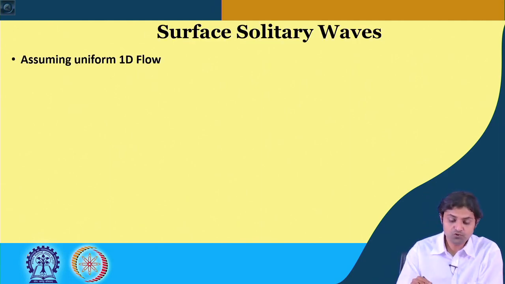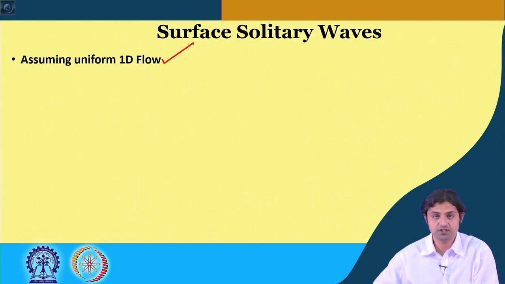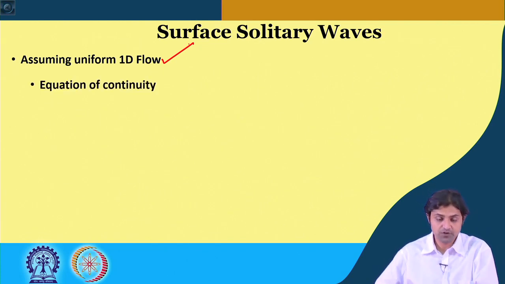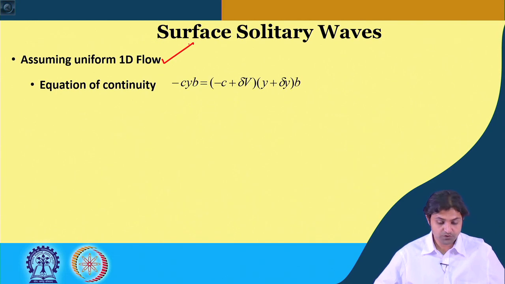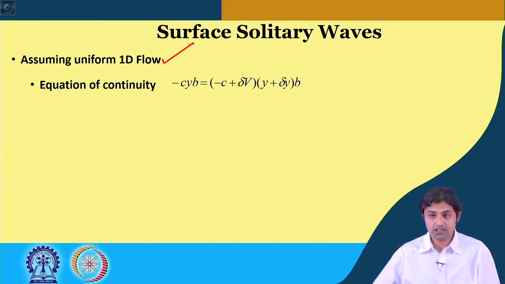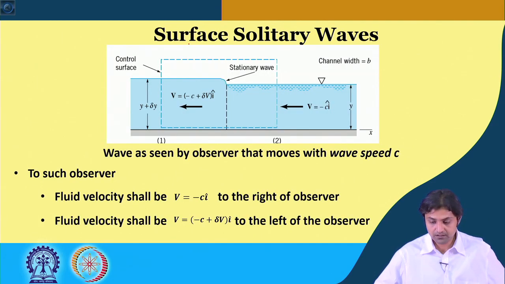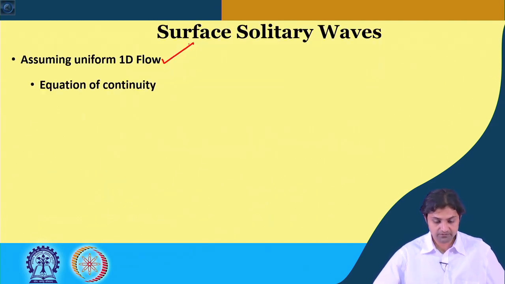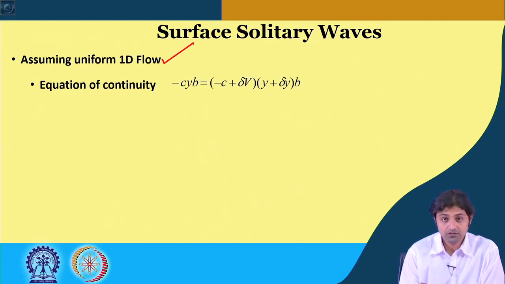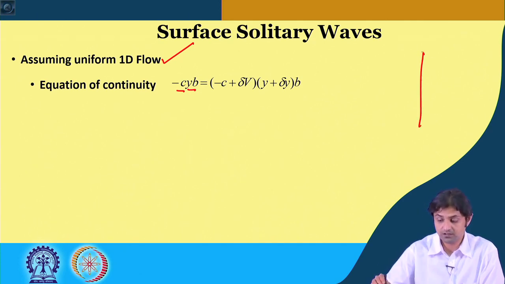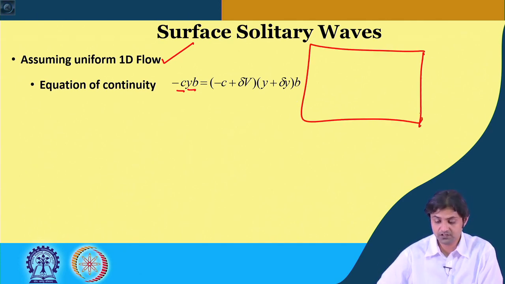If we assume uniform one dimensional flow, the equation of continuity is going to give us, with B as the channel width, minus C into y B on this section, if we assume two control surfaces.